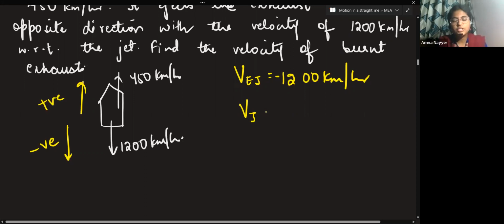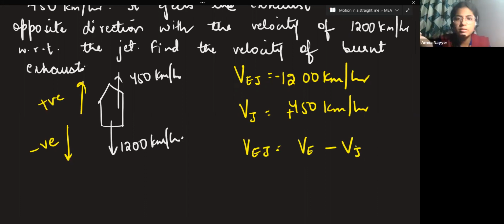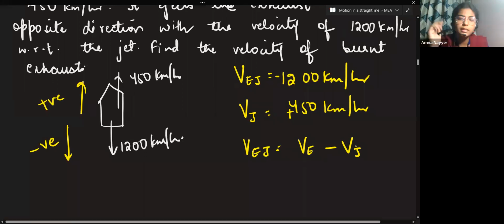Velocity of jet is given to us 450 kilometer per hour and it's moving upward, so we'll take it as positive. Now, VEJ will be what? VE minus VJ. That's what we have been studying continuously. V12 will be V1 minus V2. V34 will be V3 minus V4. V43 will be V4 minus V3, like this.